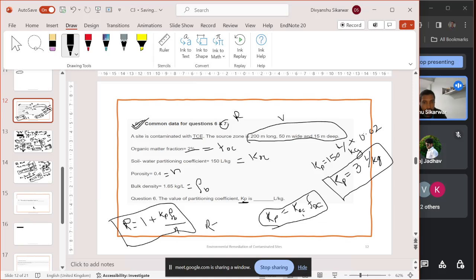So R will be equal to 1 plus Kp. The Kp value we have calculated is 3. Let me do it here.